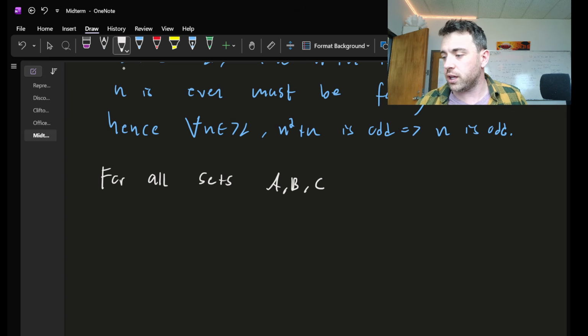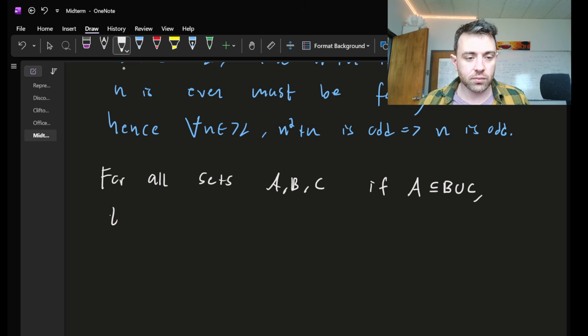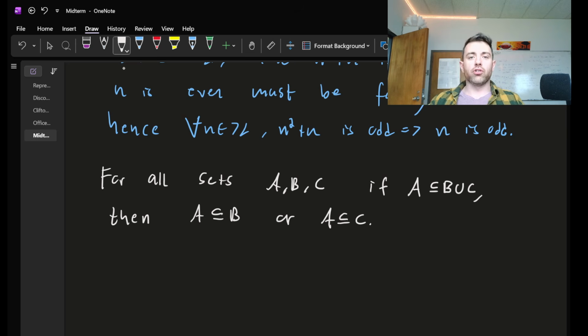So for all sets A, B, C, if A is a subset of B union C, then either A is a subset of B or A is a subset of C. So we need to figure out if this is true.